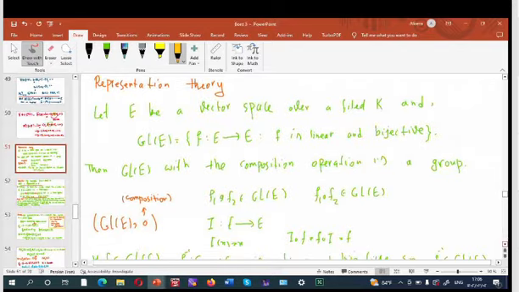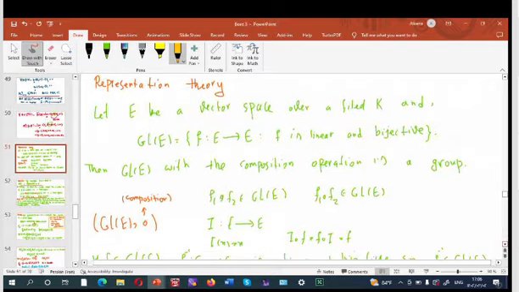K is our scalar field, okay? K equals real numbers or complex numbers, okay? It is very trivial that this is a linear space or vector space by the ordinary operations f1 plus f2 equals this, and alpha f of x equals this.